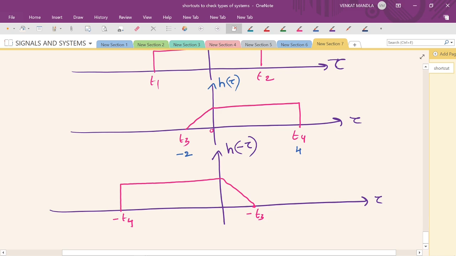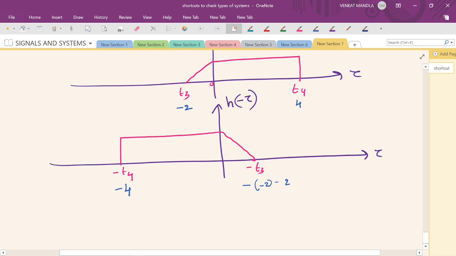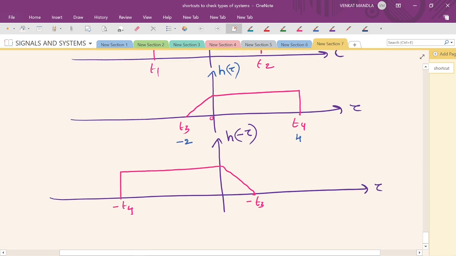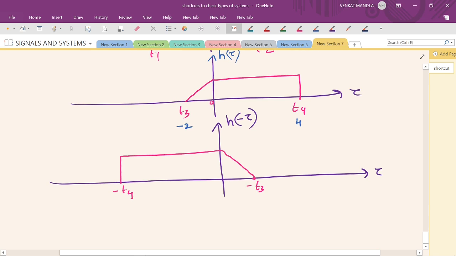So 4 becomes minus 4. This minus 2 becomes plus 2 because minus t3, t3 equal to minus 2. These limits get multiplied by minus. That's it. This is h of minus tau.